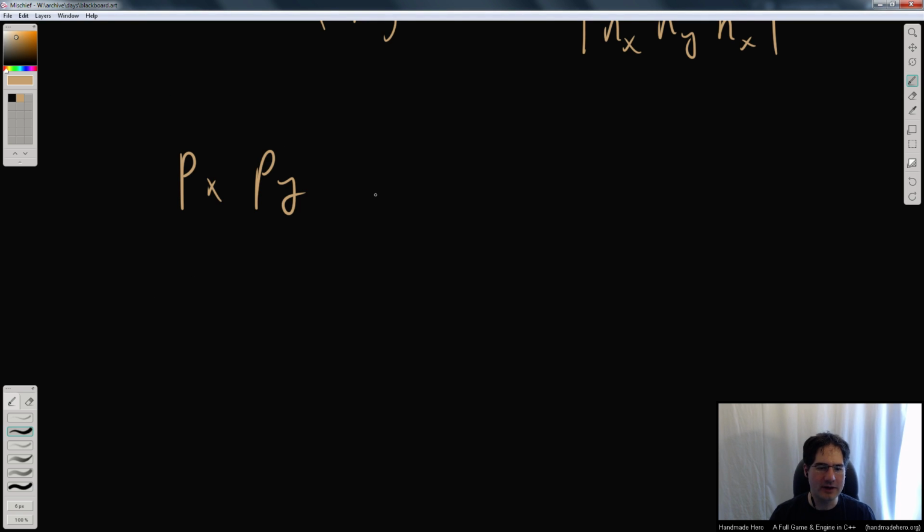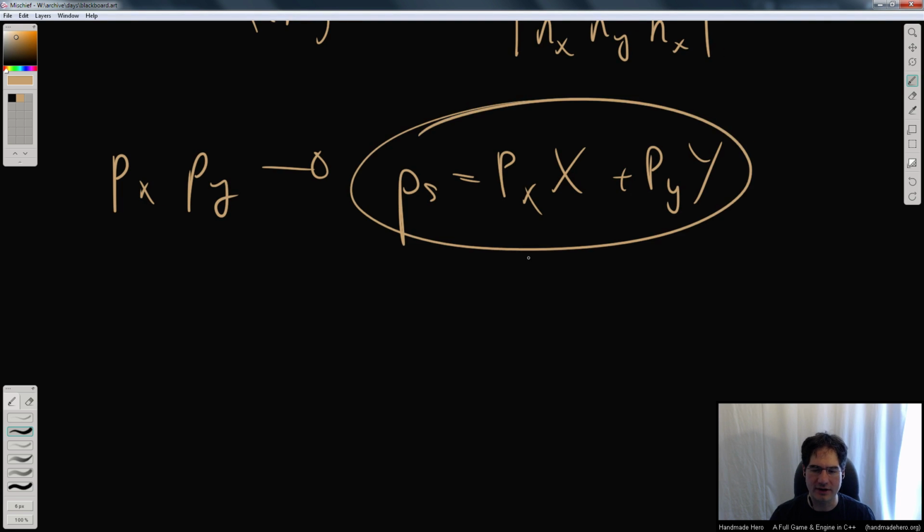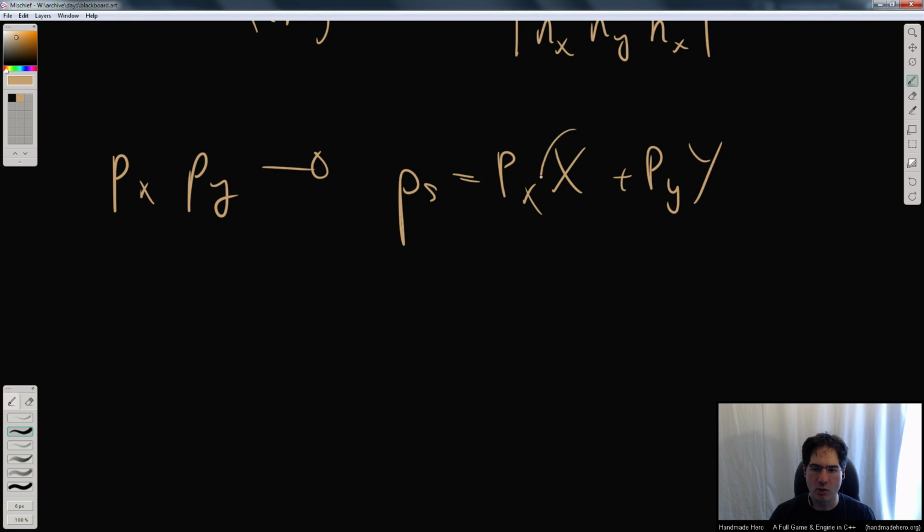So we constructed a thing where we said, okay, the point that we actually want on the screen, or we could call this the screen space point, we took the two components and multiplied them by an x-axis vector and a y-axis vector. Remember, this was our coordinate system test thing that we made, where these two 2D vectors vary, and they were what allowed us to do rotation stuff.